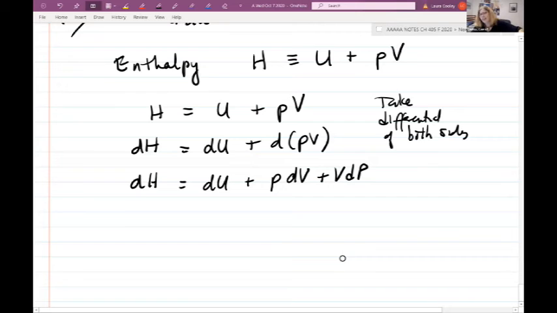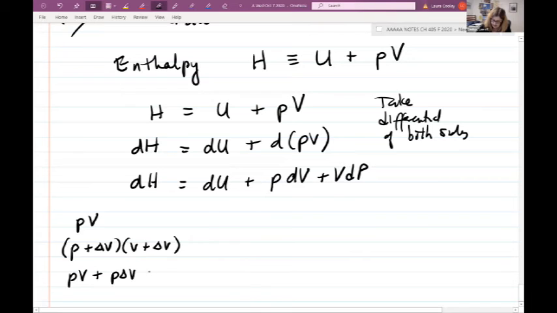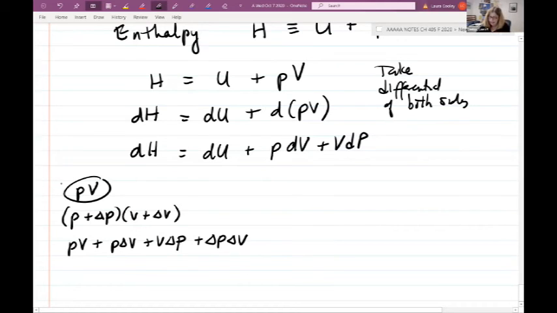The way I try to understand this is, if you start with PV and you change the pressure a little and the volume a little, what happens to the product?